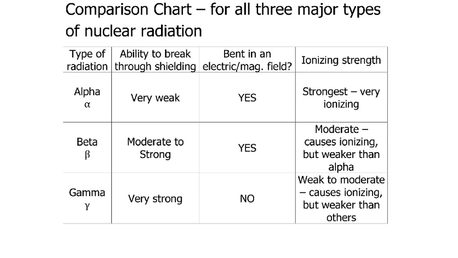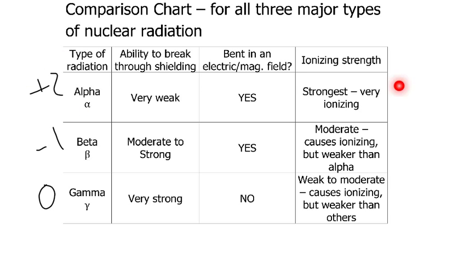So alpha particles, having 2 protons, they have a +2 charge. Beta particles only have an electron. They have a -1 charge. And gamma is uncharged. So looking at this, which of these do you think is likeliest to cause ionizing? And the answer is alpha, because it has the largest charge, +2.